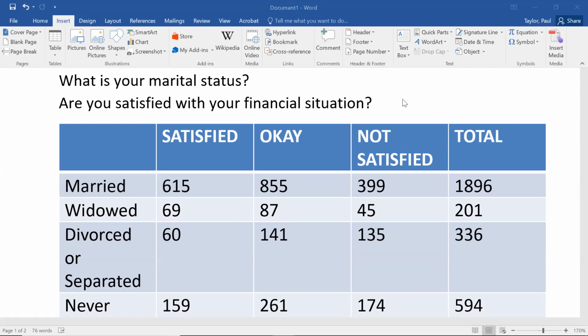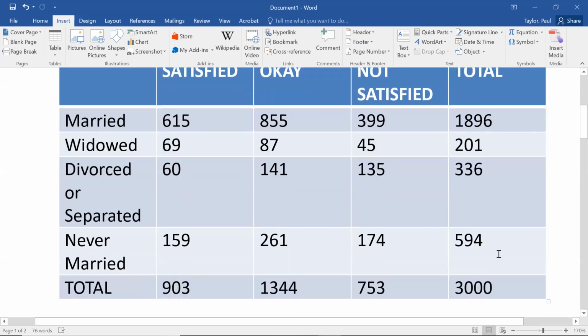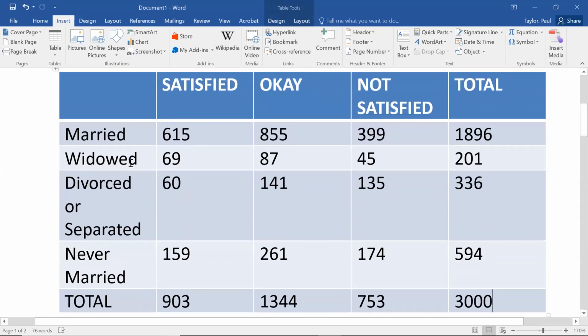So this table summarizes what people answered. For example, out of the 3,000 total people who answered these two questions, there were 615 who said they were married and they were satisfied with their financial situation.